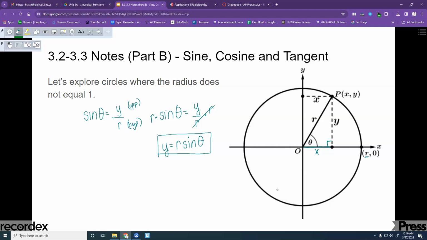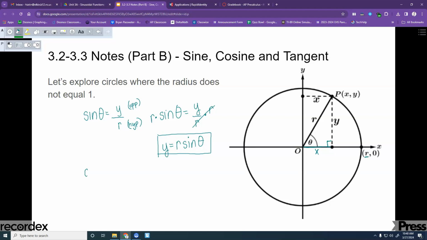The only thing is yesterday, the radius was always 1, so we only had to put sine theta. But if our radius is something besides 1, then we can still find the y coordinate is going to be the radius times sine theta. So it's very similar to yesterday. We're just throwing the radius in there, which we could have done yesterday because the radius was 1, right?